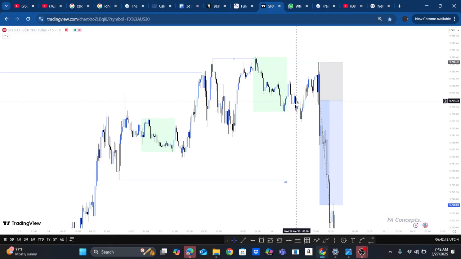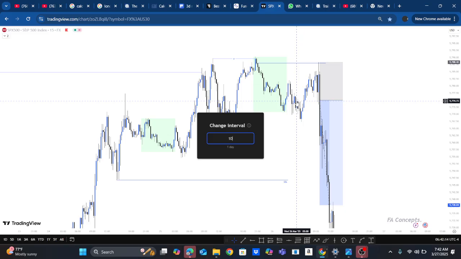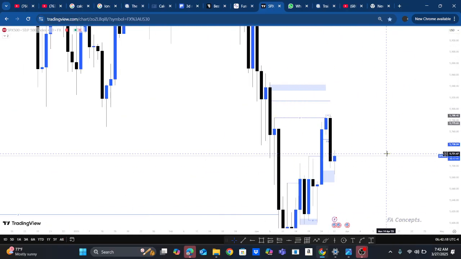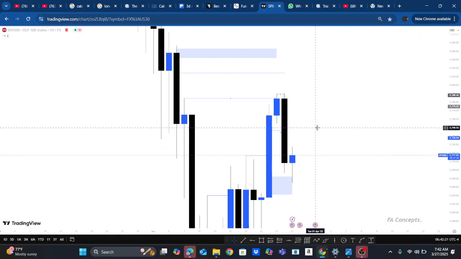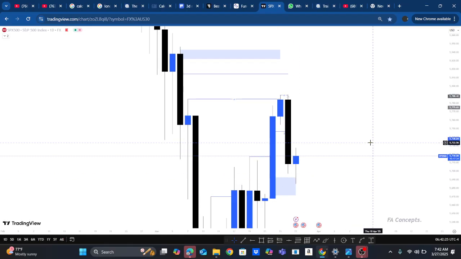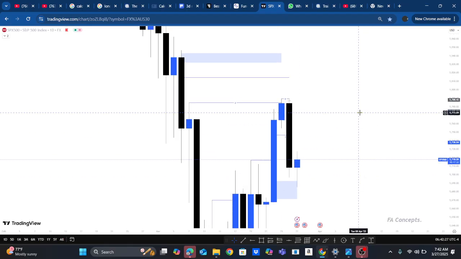So I went on the daily and I saw that the daily had this huge gap, right? This huge imbalance. So I was like, okay, today we might be going down, right?